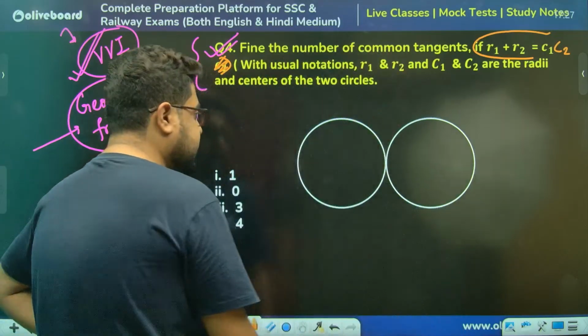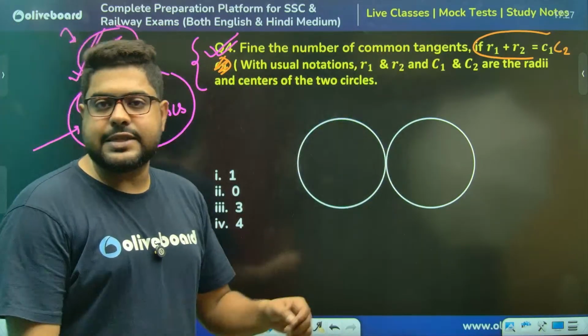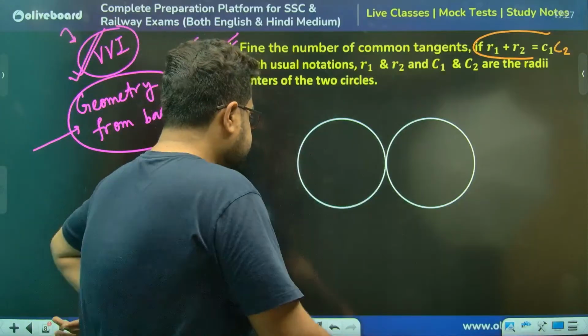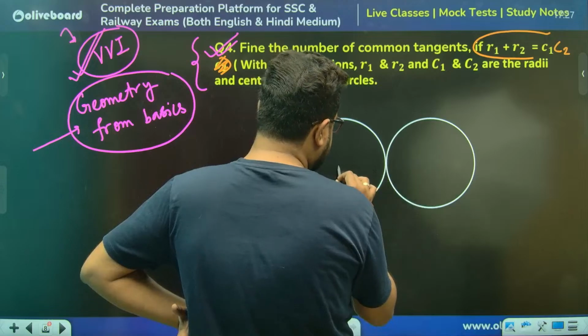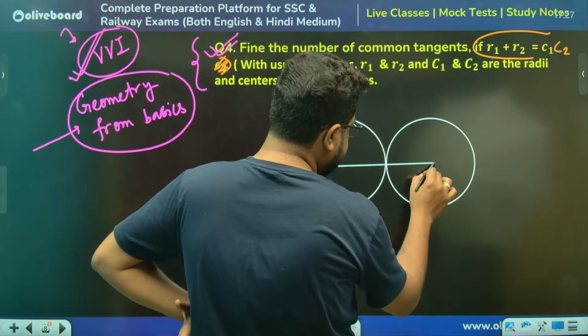These are 2 circles, as you can see. C1C2 is the line joining their centers.